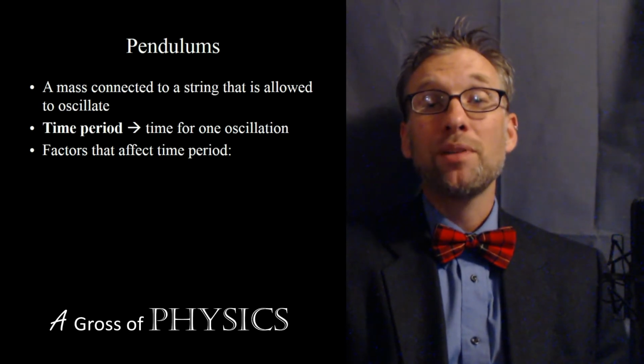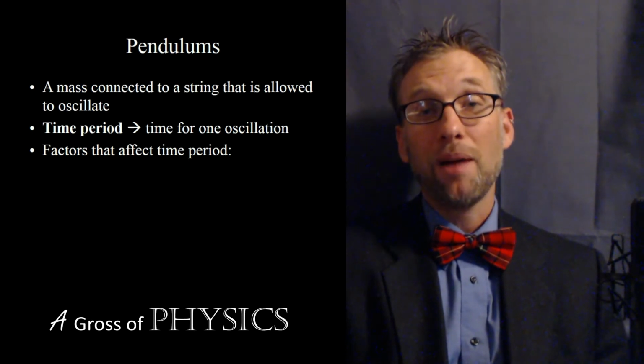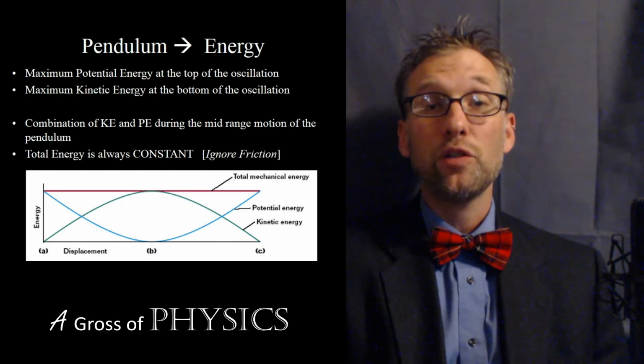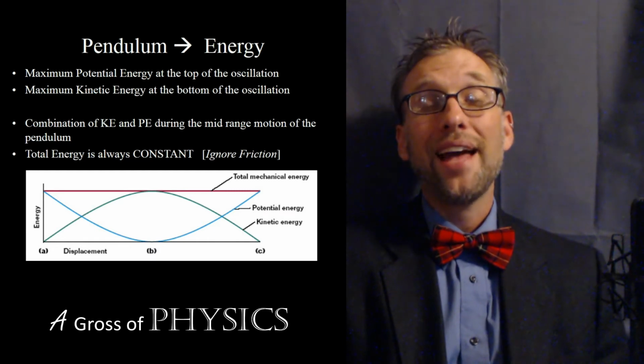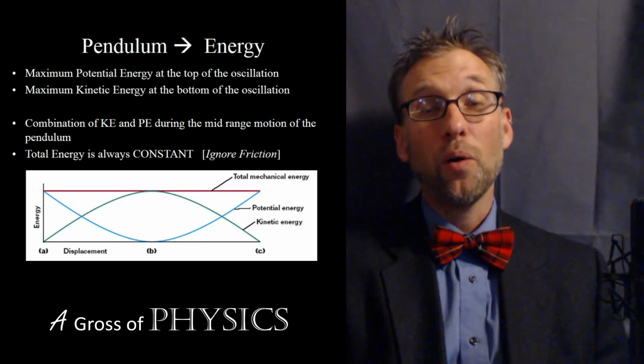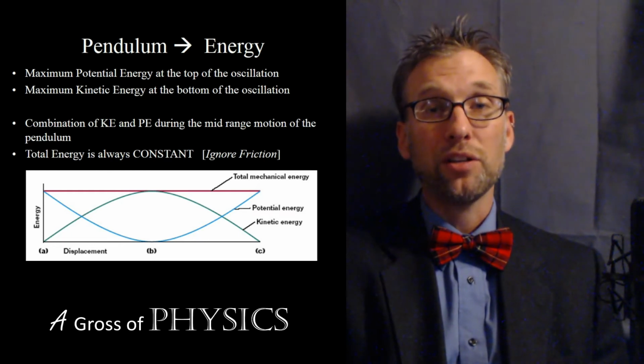So you're going to have your maximum potential energy at the two sides and your minimum potential energy at the bottom. Pendulums are going to be useful when we talk about conservation of energy soon, in the fact that as the potential energy goes down, the kinetic energy is going to go up, and you're going to have conservation of energy throughout the flight of the pendulum.